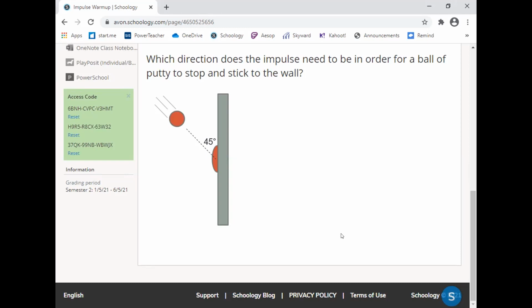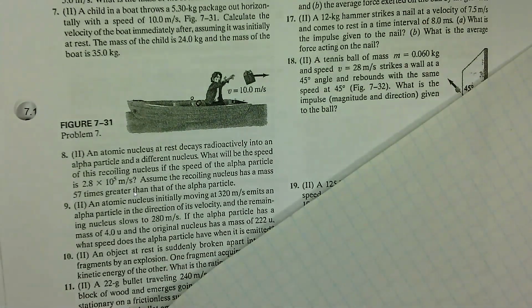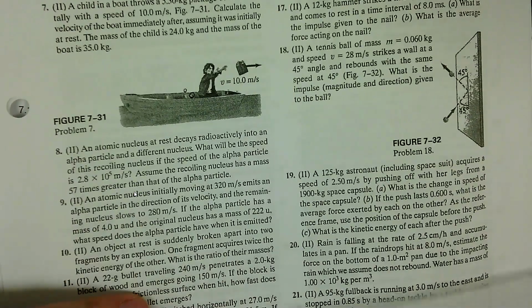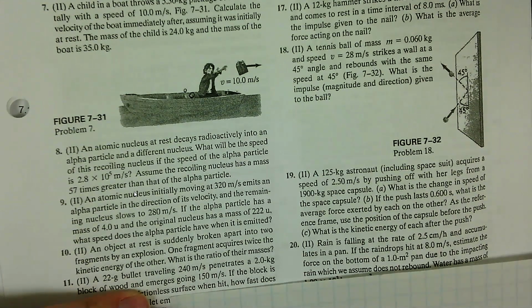All right. What other questions on homework? Go ahead. Number 9: an atomic nucleus initially moving at 320 emits an alpha particle in the direction of velocity, and the remaining nucleus slows down to 280.